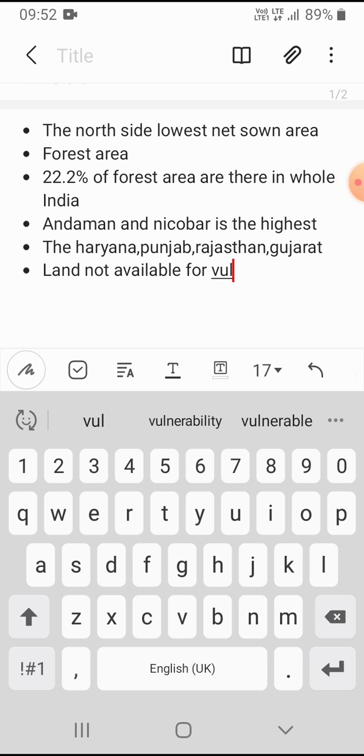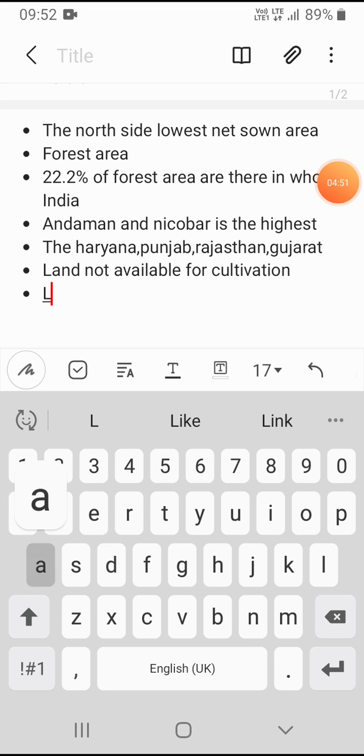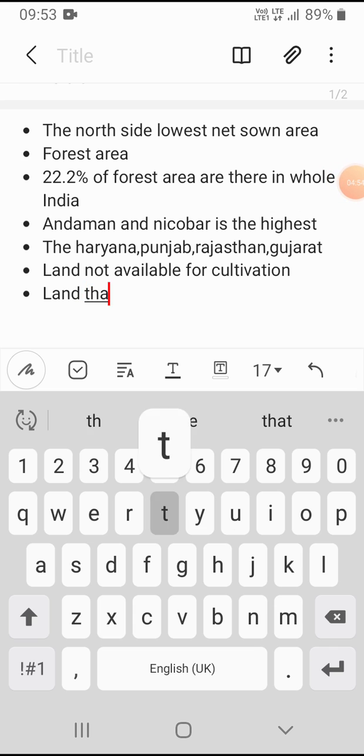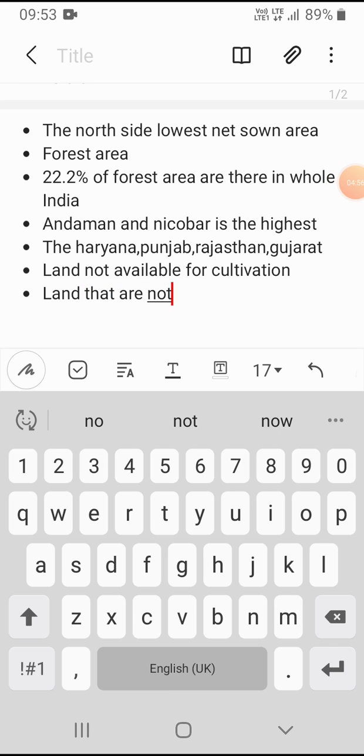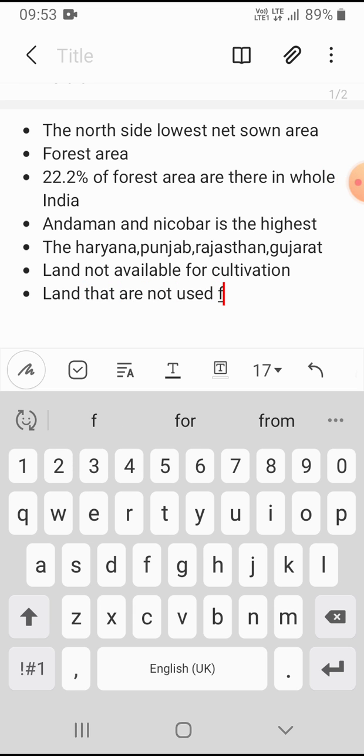So let's know which land is not available for cultivation. That land is not used for agriculture.